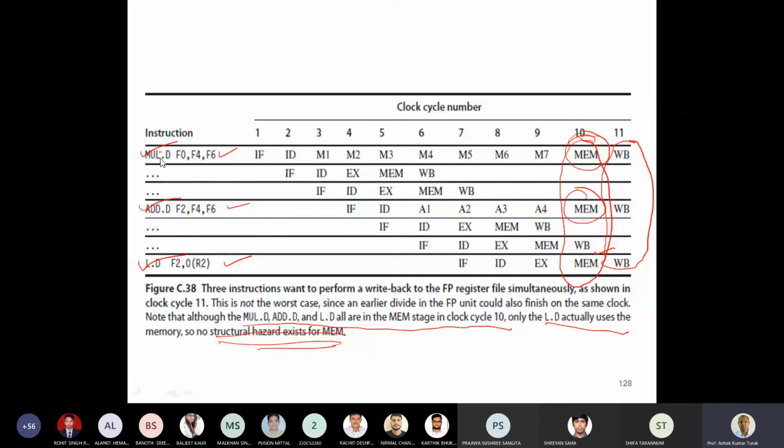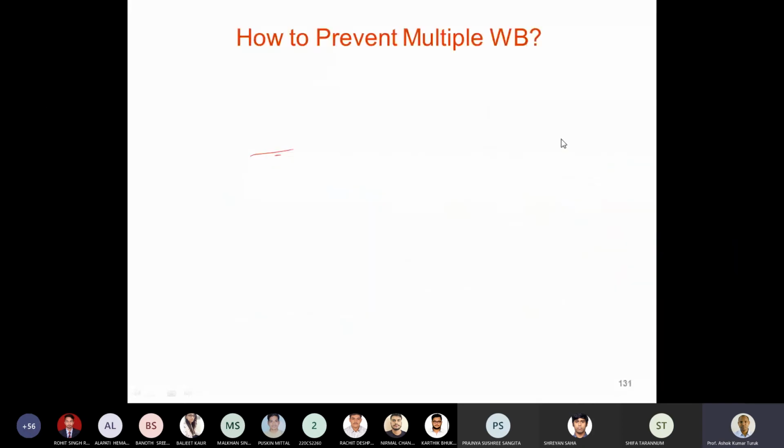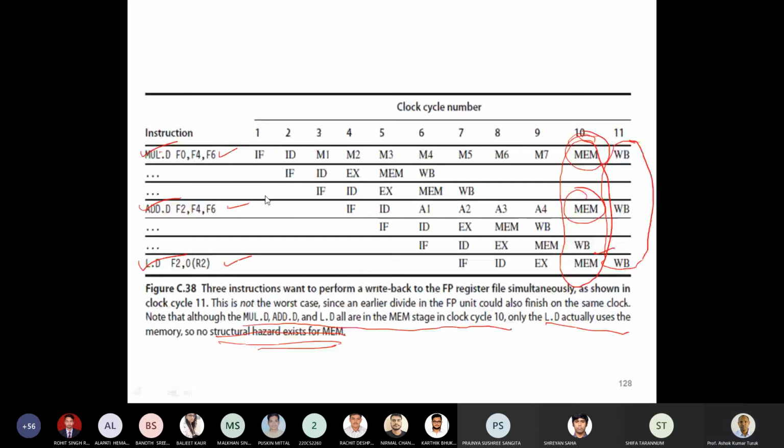But if you look at this instruction, the multiplier instruction is not using the memory. The multiplier instruction does not need a memory. Memory is a functional unit.